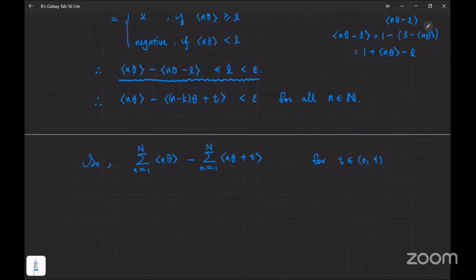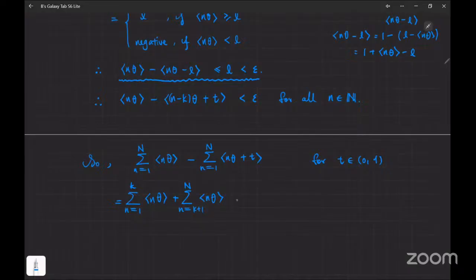How can we bound this? Well, we have this k earlier, with this relation to epsilon. So let's break this up into a sum from 1 to k of n theta plus a sum from k plus 1 to big N of n theta.